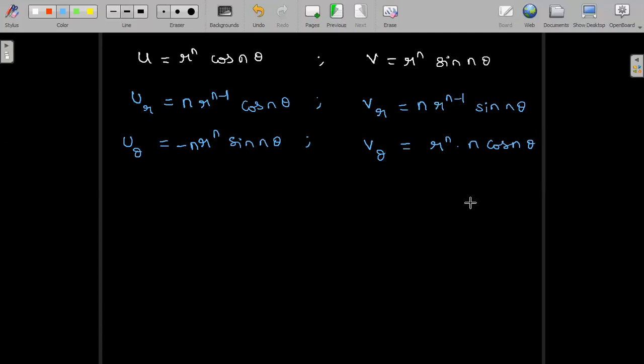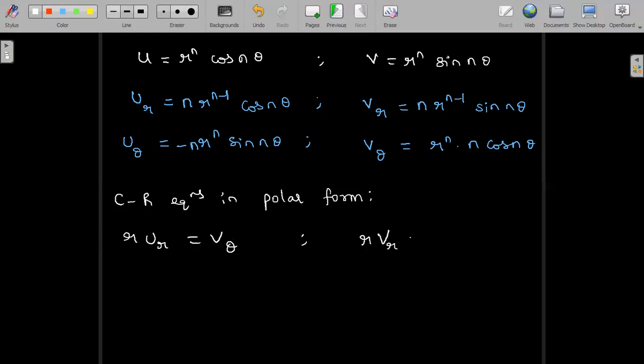The direct Cauchy-Riemann equations are not satisfied in this form, so we need to verify the CR equations in polar form, which are given by r ur is equal to v theta and r vr is equal to minus u theta.